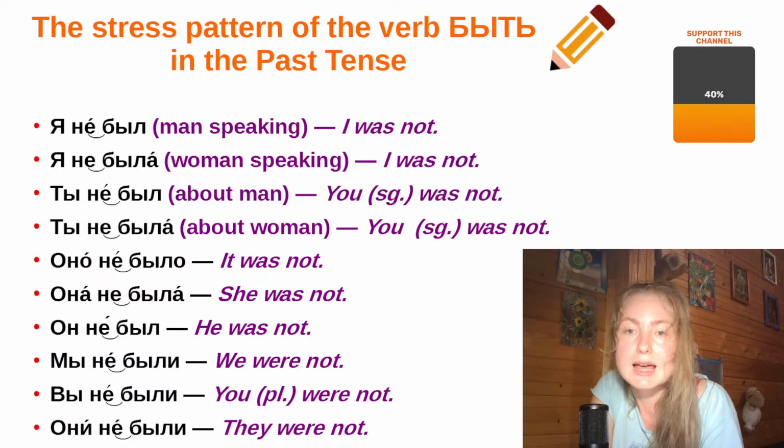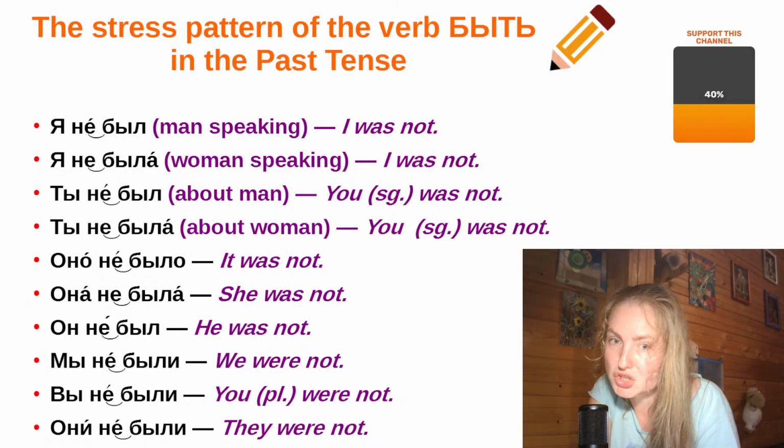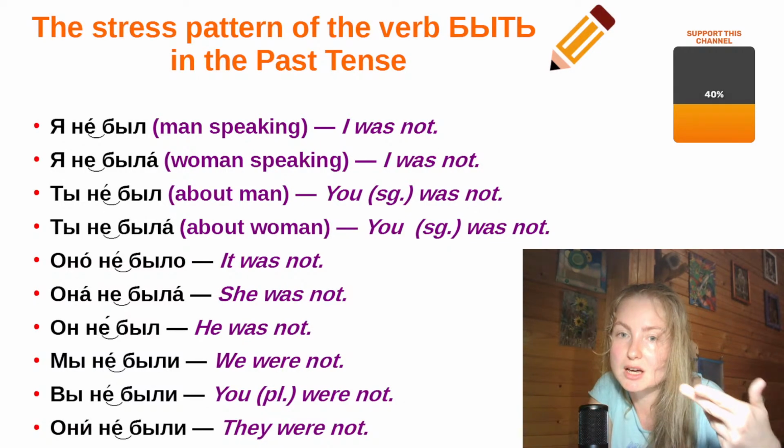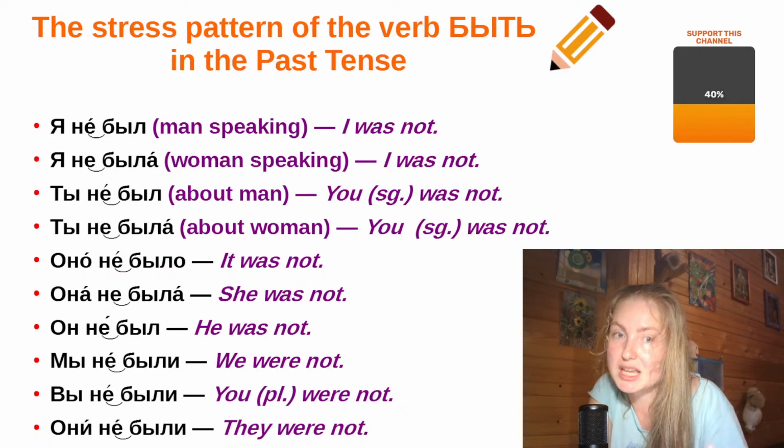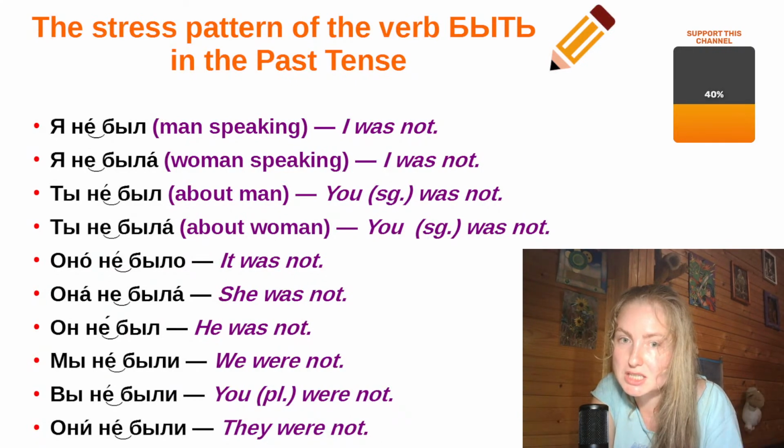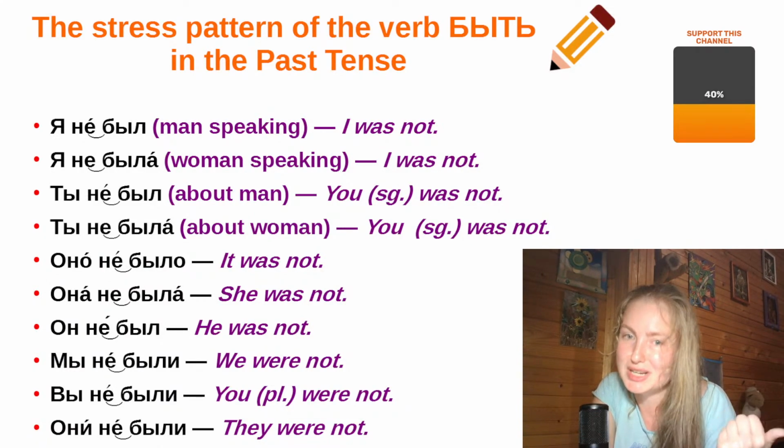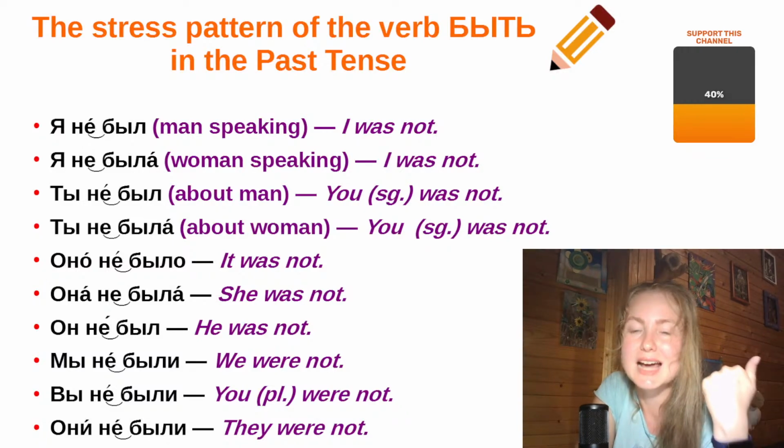Я не был. And the negative particle не takes this accent. Я не был. In English, it's totally different because when we say the same in English, we say I wasn't. So the negative particle can be unstressed here. But in Russian, it is stressed. That's the difference. Я не был.